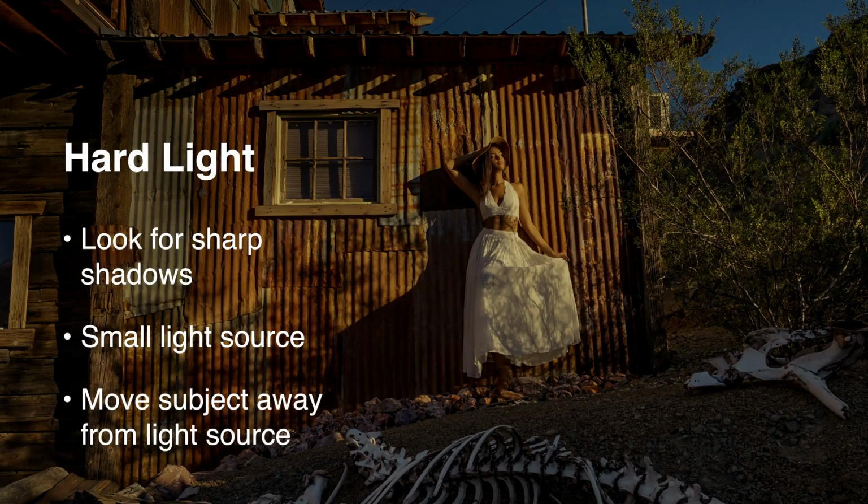If you measure it and it's about that big, then you know it's a small light source. So if you want to create harder light, you can move your subject away from the light and it will create sharper shadows. And so that's the difference between hard light and soft light.